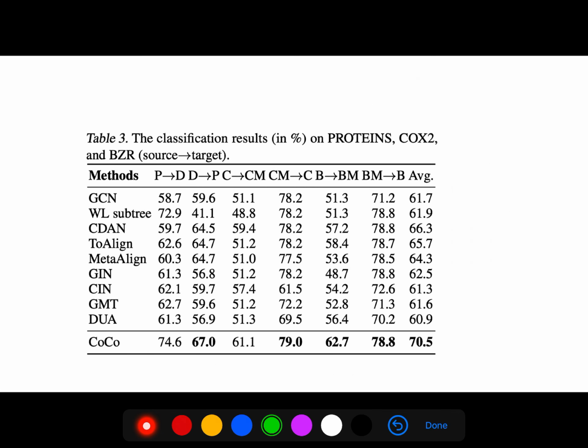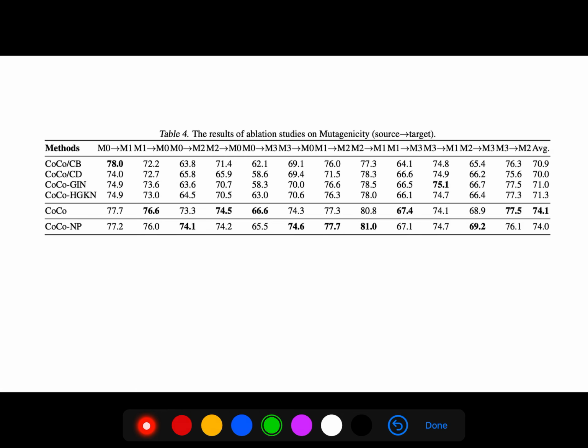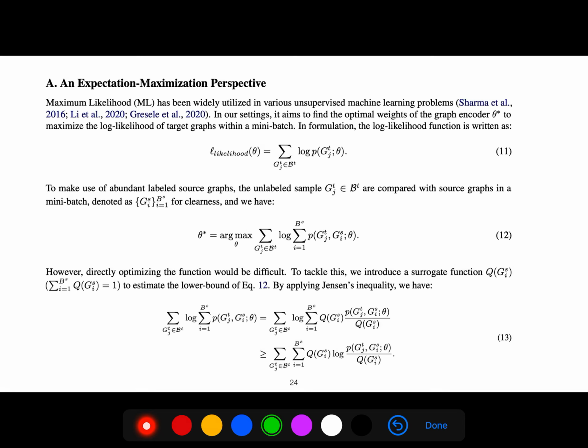They did classification on protein, COX2, and BZR when you go from source domain to target domain. There are also ablation studies on Mutagenicity. And this is their appendix, where they show the expectation maximization perspective.